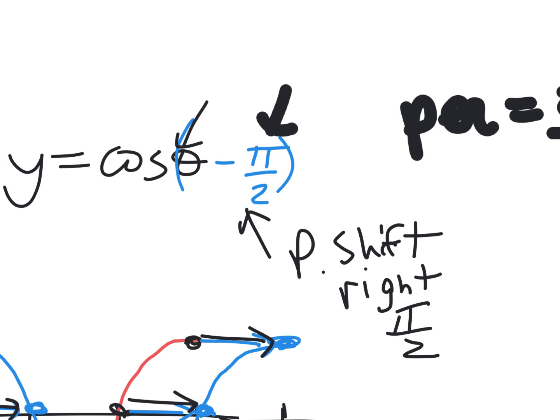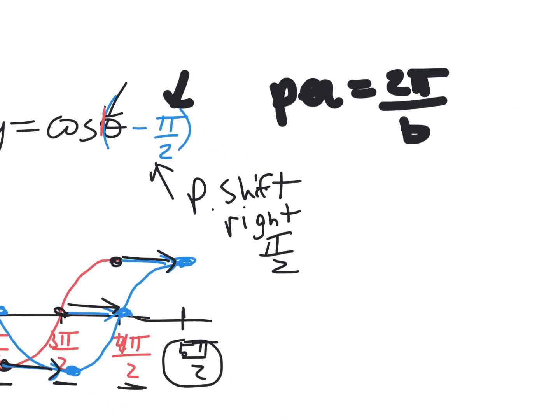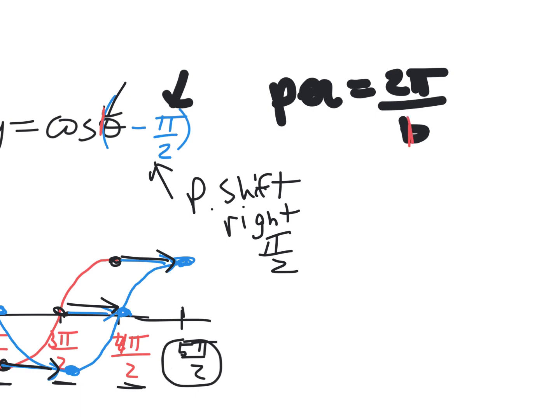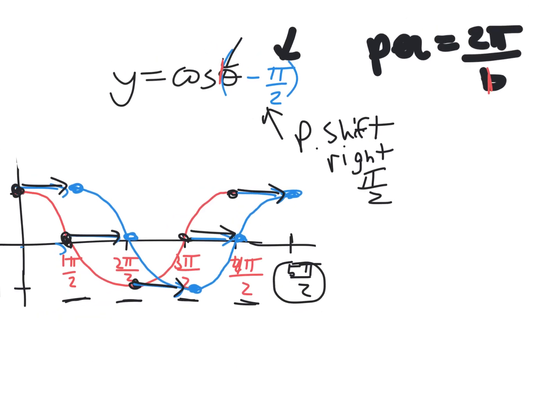If there was like a 7 here or something. But there isn't. If there's no number there, then what number is there? 1. So period is 2 pi over 1, which is just 2 pi. So this does not have a changed period. It still takes the same amount of time, so to speak, to complete a whole cycle. 4 marks.